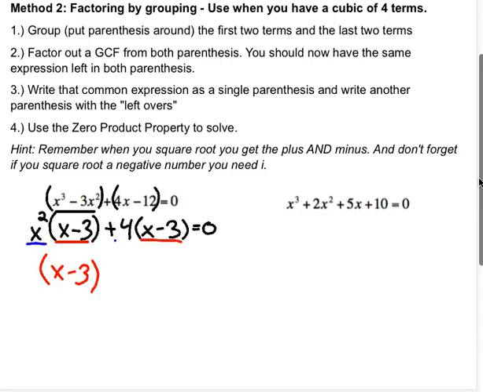Then these leftovers that I factored out are going to make a second parenthesis. So factoring by grouping is essentially just a fancy way of getting two parentheses. Because now that I have those two parentheses, I can use the zero product property to solve.